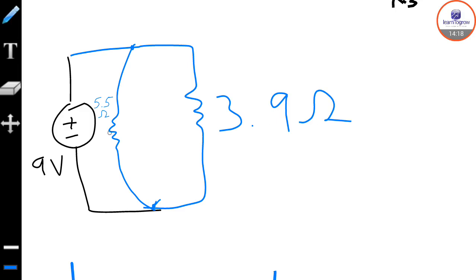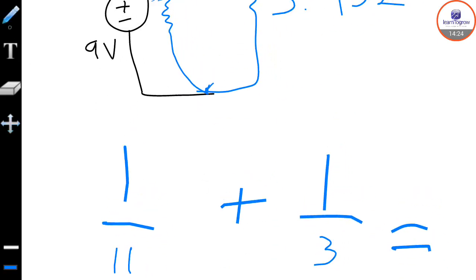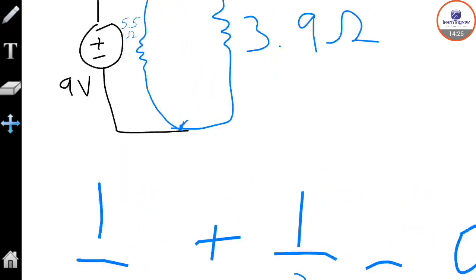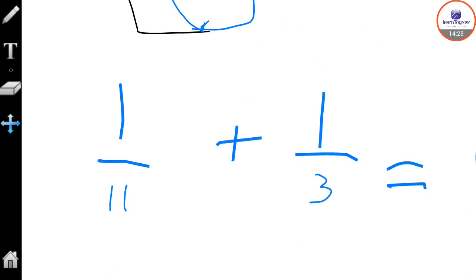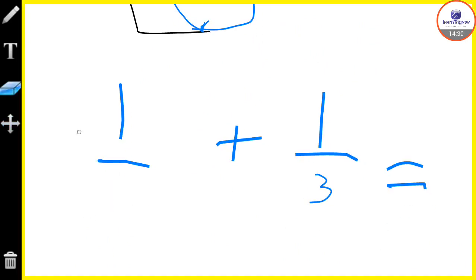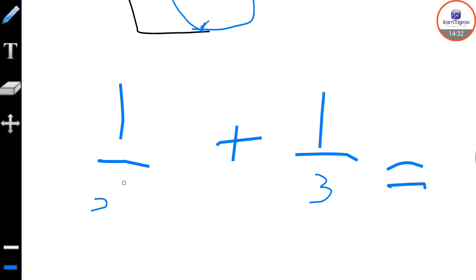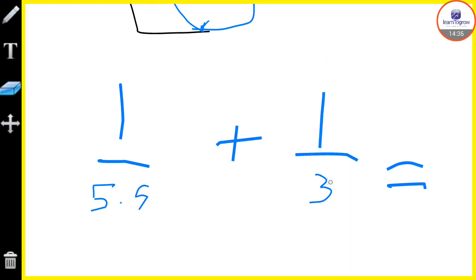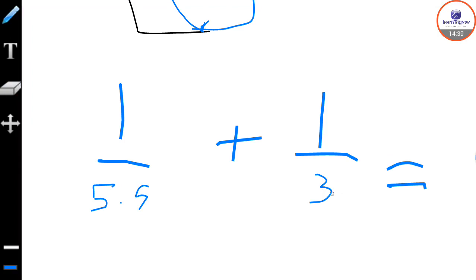Now they both are in parallel, and for parallel we'll do the same as we did here, as the one is 5.5 and the other is 3.9.